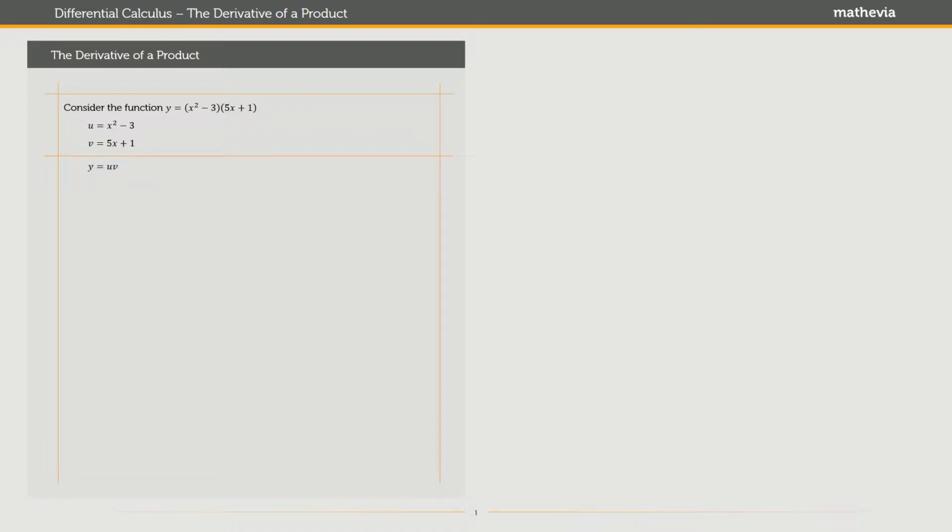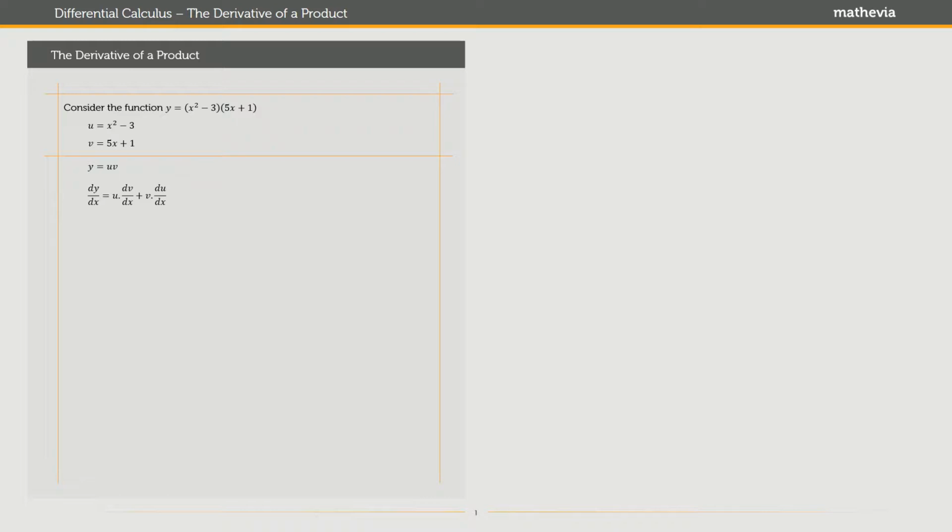So if you have a function like this, how do we find dy/dx? And we have this formula. Okay, dy/dx is u dv/dx, okay, plus v du/dx. Very simple, that's it. So what we do here is to find the derivative of a function that is a product of two functions.